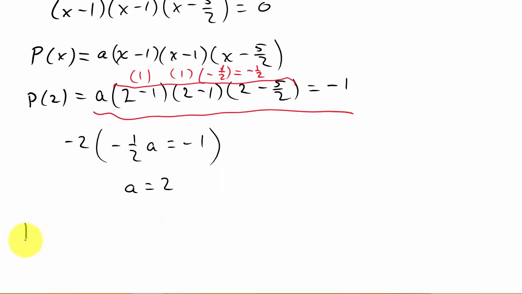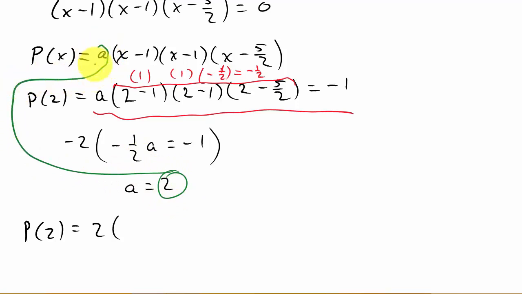So my polynomial p of x is equal to 2 times, all I'm doing here is taking the 2 and plugging it in for a, so that's x minus 1 times x minus 1 times x minus 5 halves.